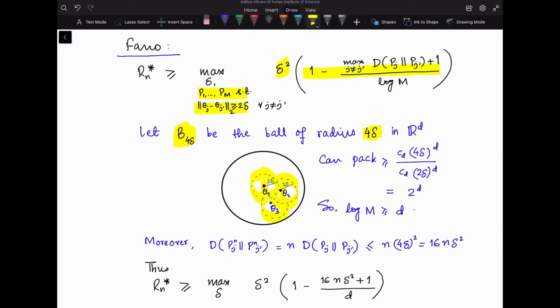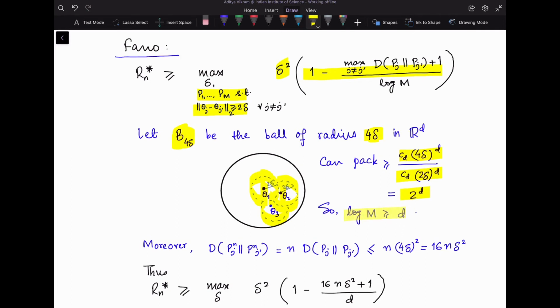Since the volume of the big ball is some d-dependent constant times the radius to the power d, and here the radius is 4 delta, and the volume of the small ball is that same constant times 2 delta to the power d, you can pack roughly these many balls inside this big ball. This comes out to be 2 power d. So your log m can be made at least some constant times d.